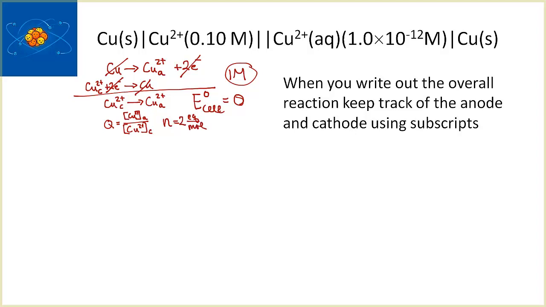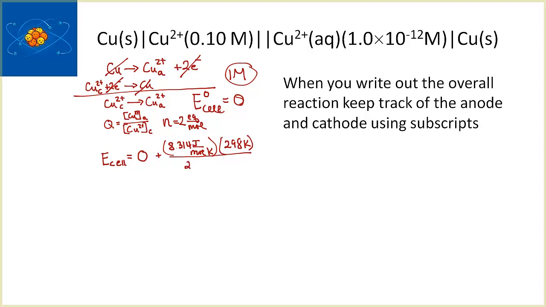And now I can write the Nernst equation out. So remember, the Nernst equation will be E cell is equal to 0, that's the cell potential for the standard, plus RT, 8.314 joules per mole Kelvin times 298 Kelvin, divided by n.